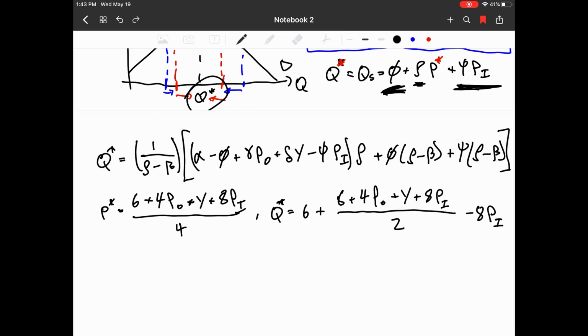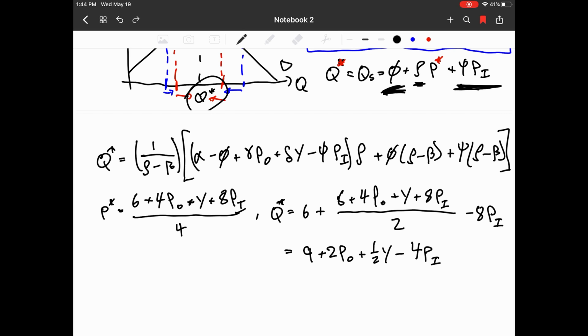Okay. And then here we can simplify this a little bit further to give us 9 plus 2p0 plus 1/2 y minus 4 pi. In your own notes, make sure you can work from one step to the other.